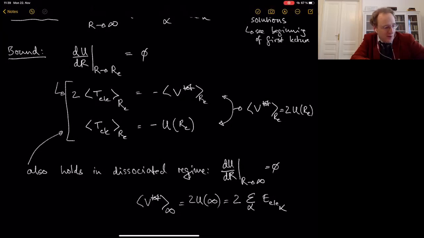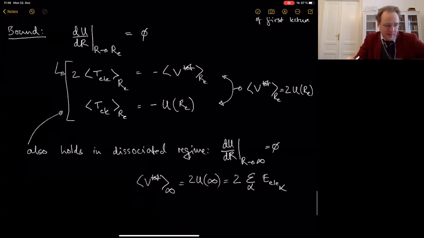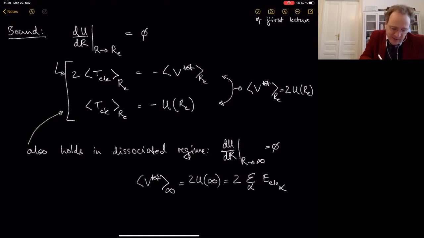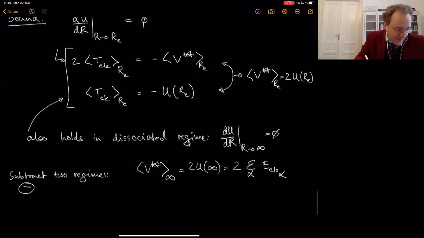We'd like to know what is the difference, and so we can subtract them from each other. Right. So what does this result in?